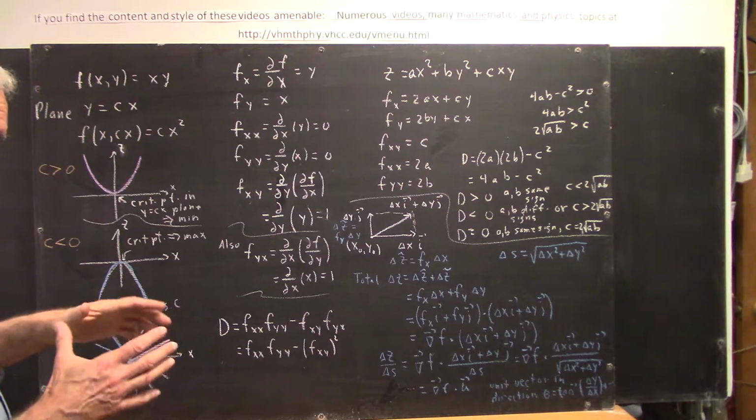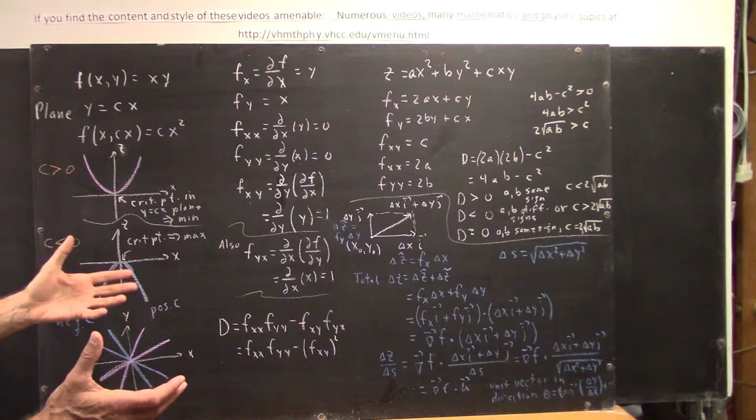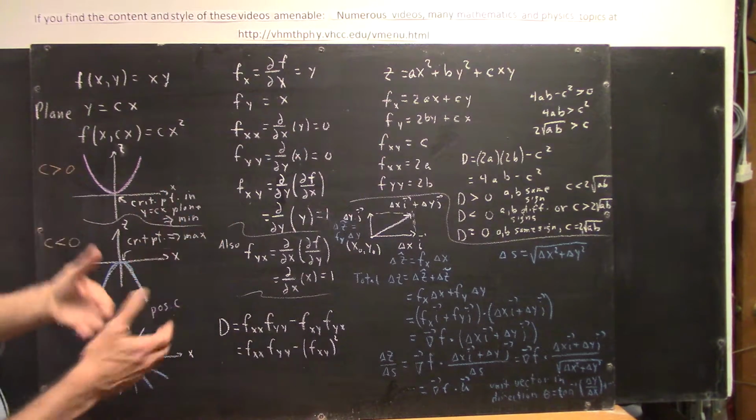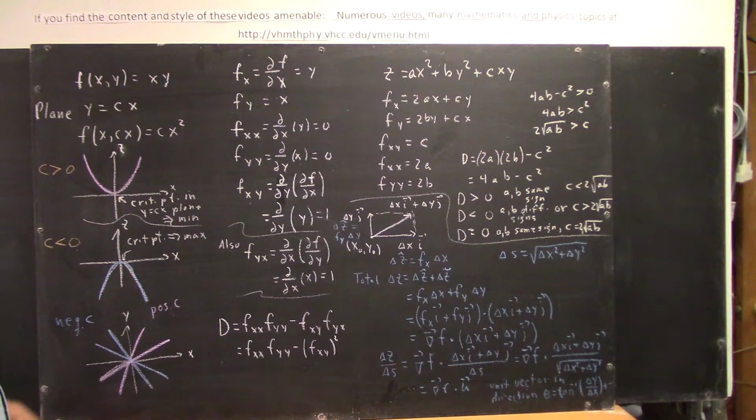And if you think about what that looks like, it's actually a hyperboloid, where it's opening upward this way, opening downward in this perpendicular direction. And you have what's called a saddle point.